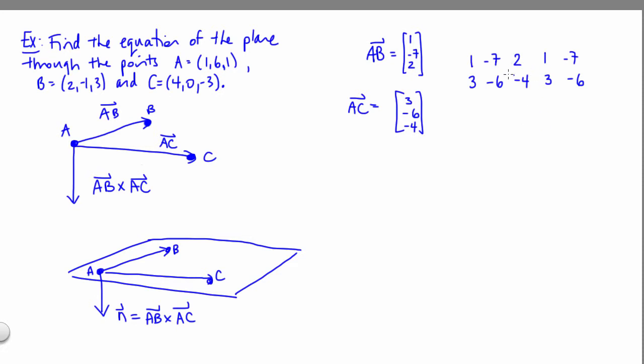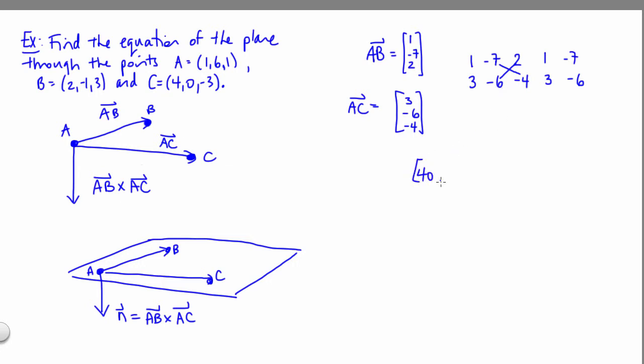All right, now the operation we're going to do is we're going to take this product here, -7 times -4, and we're going to go this product minus this backwards product here. So -7 times -4 minus 2 times -6. I would just say to myself, 28 minus -12 gives us 40.